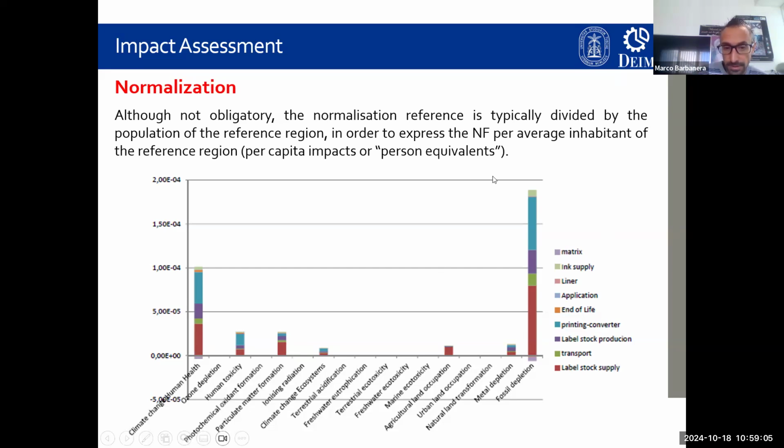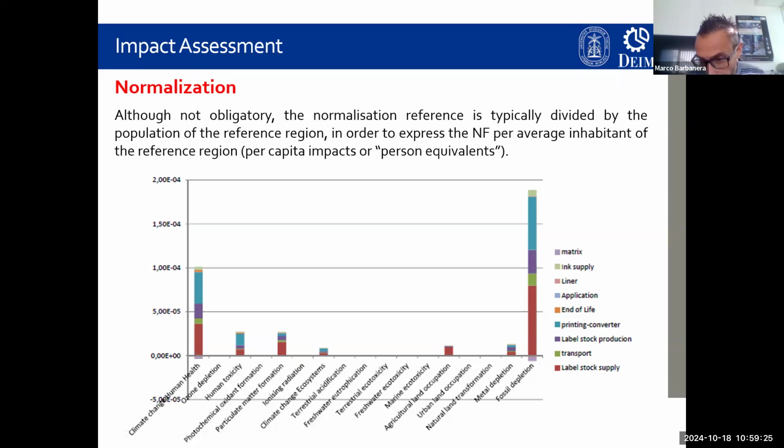And also in this representation of the results, you can find for each impact category the contribution of the different life cycle stages of the product.